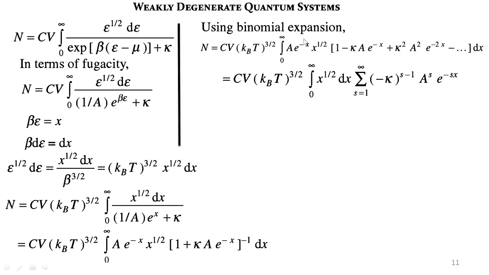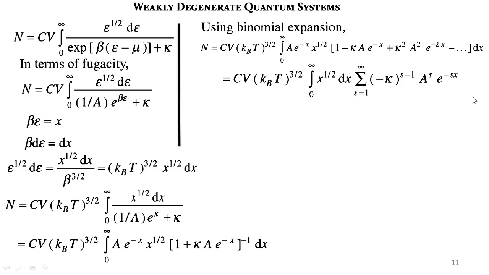See here we have some e raised to the power minus x, and this will be appearing in all the terms, right? So what we are doing here is taking this inside the integration. Why we have to do this is because you have e raised to minus x, then e raised to minus x multiplied by e raised to minus x, that will be e raised to minus 2x, then e raised to minus 3x, and so on.